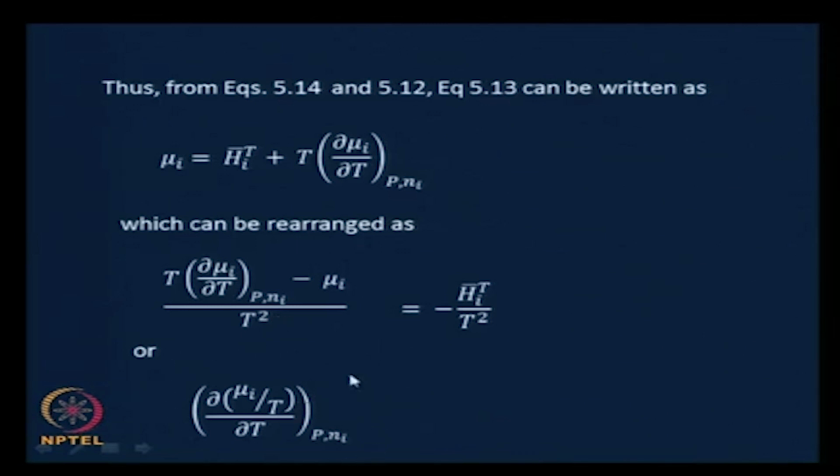That is the derivative ∂(μi/T)/∂T at constant P, Ni equals minus Hi-t-hash by T squared. We will call this equation 5.15.